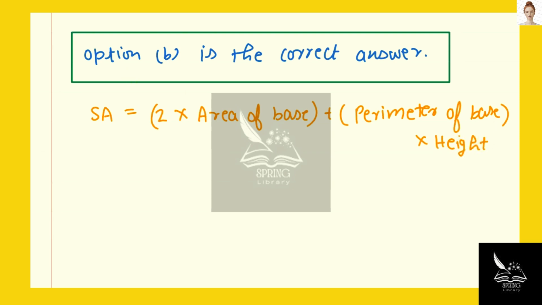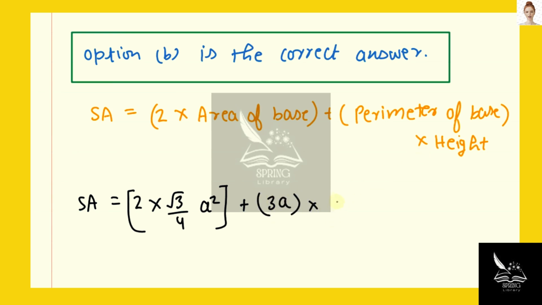Now substitute all the values. So we can write surface area is equal to 2 times root 3 over 4 times a square plus perimeter of base, which means 3 times a, times height, which means 80.